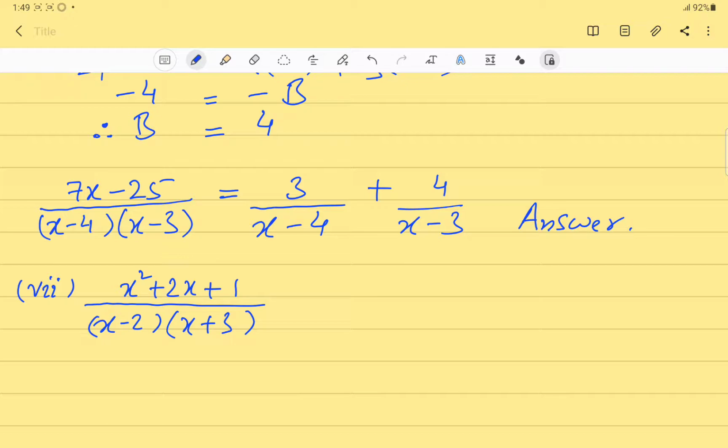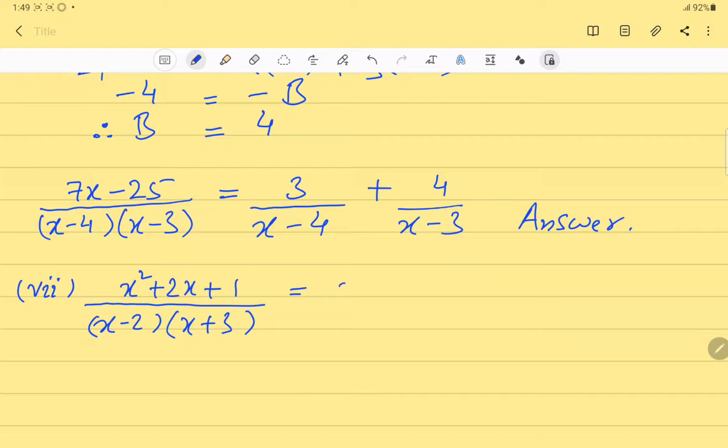Actually in both numerator and denominator the degree of the x is 2. So in this case we have to first divide the numerator by the denominator, and for that we have to multiply the two factors in the denominator. First we do that.